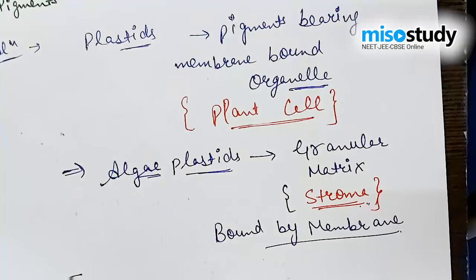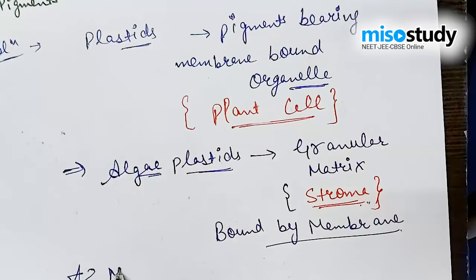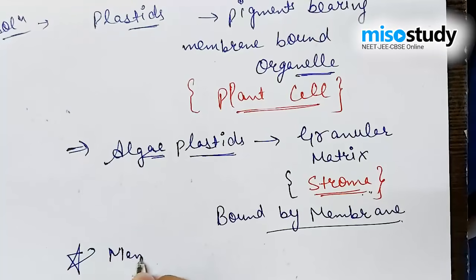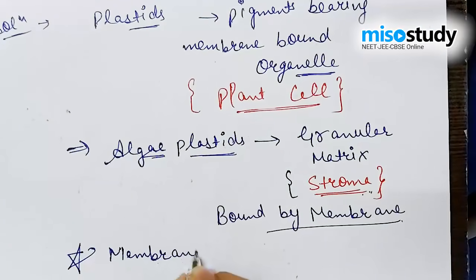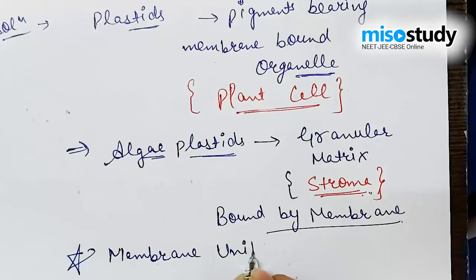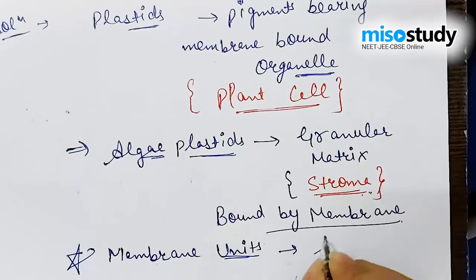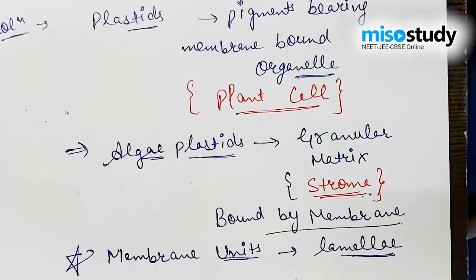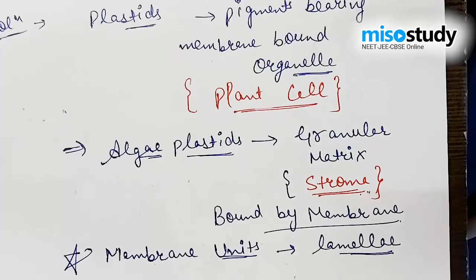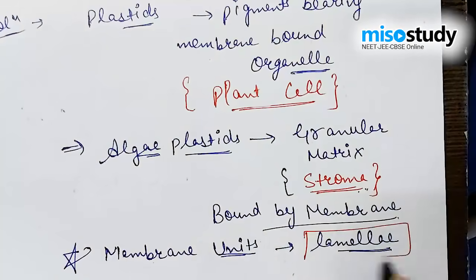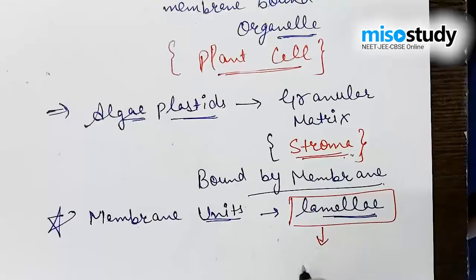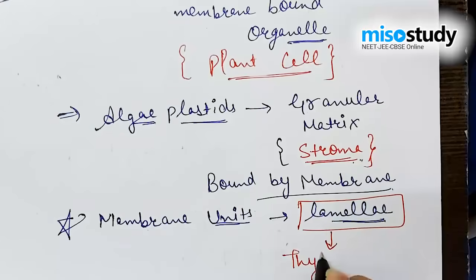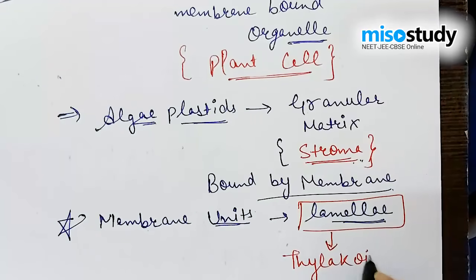And that membrane units are lamellae, also known as thylakoids.